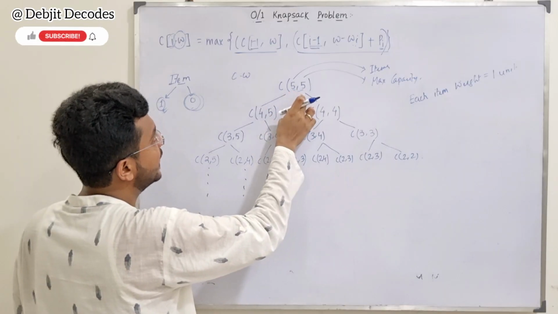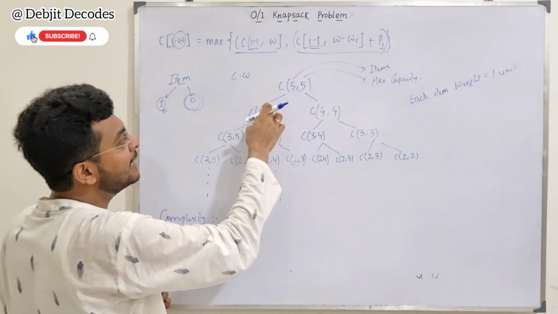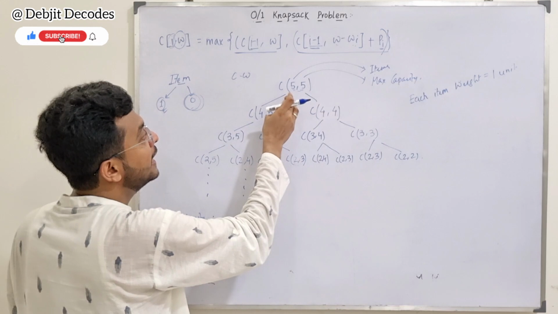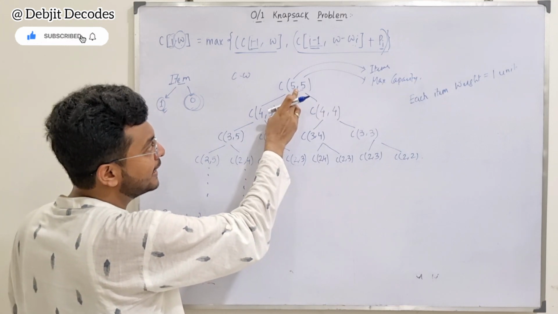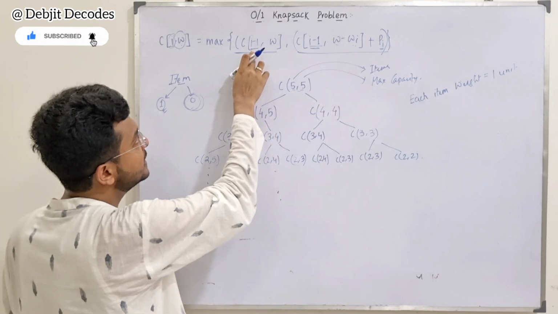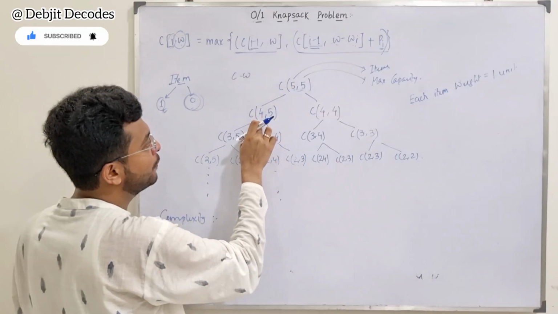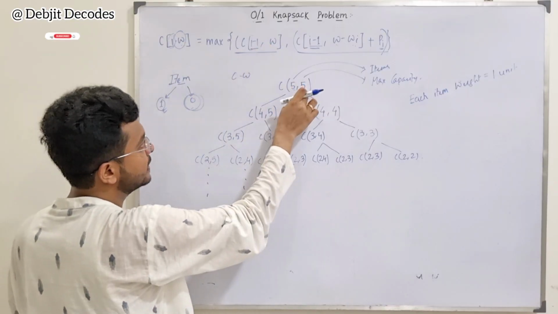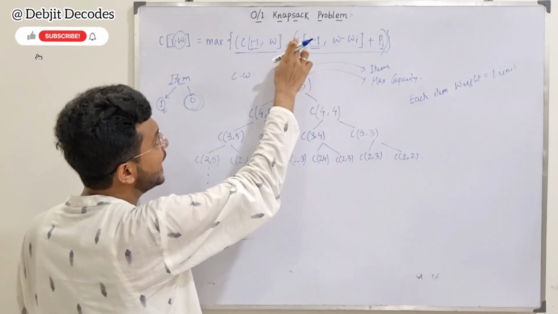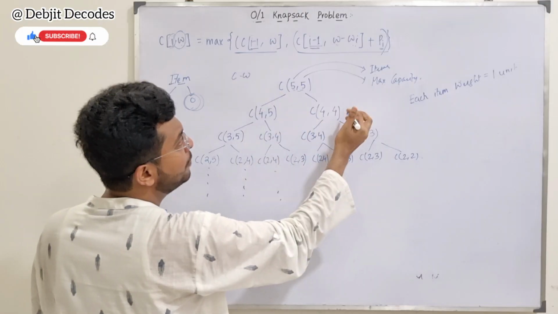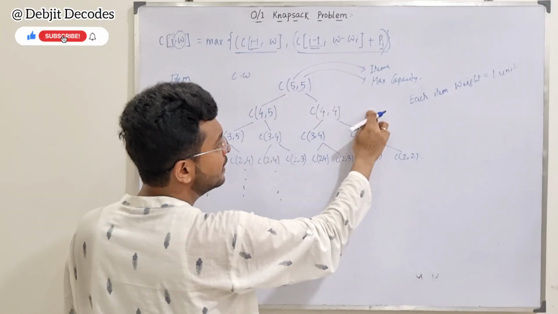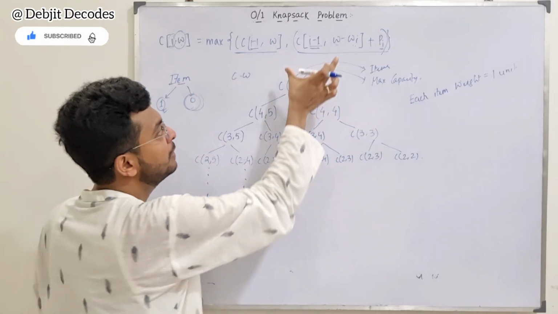If C55 is there, what will happen? You can either take it or not take it. If you do not take it, one item will be reduced, that is Ci minus 1, so it becomes from 5 to 4 and W remains as it is, so it will remain 5. Now if you take it, I'm not writing the Pi again and again, I'm simply writing the recursive equation, just this part.